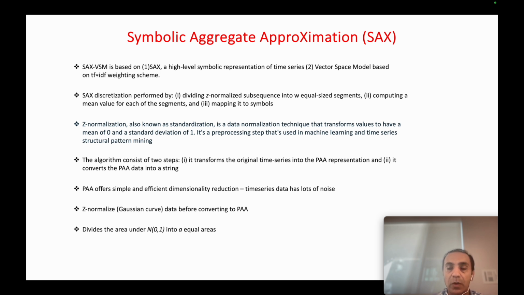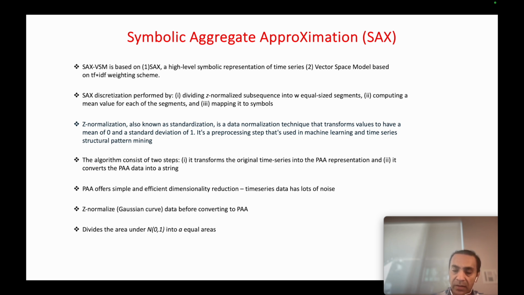It transforms the original time series into the piecewise aggregate approximation, or PAA, representation, and then it converts the PAA data into a string. PAA offers simple and efficient dimensionality reduction, especially if time series data has lots of noise.